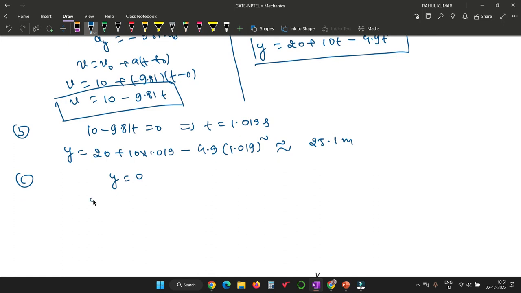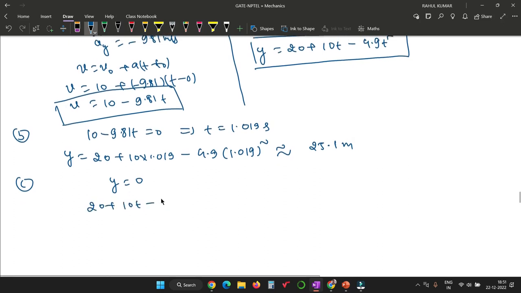You have to solve a quadratic equation, and you will get two values of time. The first is minus 1.243 seconds, which you cannot take because time cannot be a negative number. And the second is 3.28 seconds.